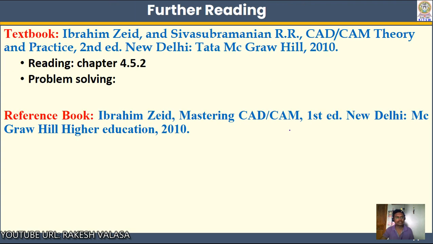For further reading, students are required to refer to the standard textbook by Ibrahim Zeid and Sivasubramanian R., CAD/CAM Theory and Practice, second edition, Delhi, Tata McGraw-Hill 2010. The reading chapter is 4.5.2. Another reference book is Ibrahim Zeid, Mastering CAD/CAM, first edition, New Delhi, McGraw-Hill Higher Education 2010.